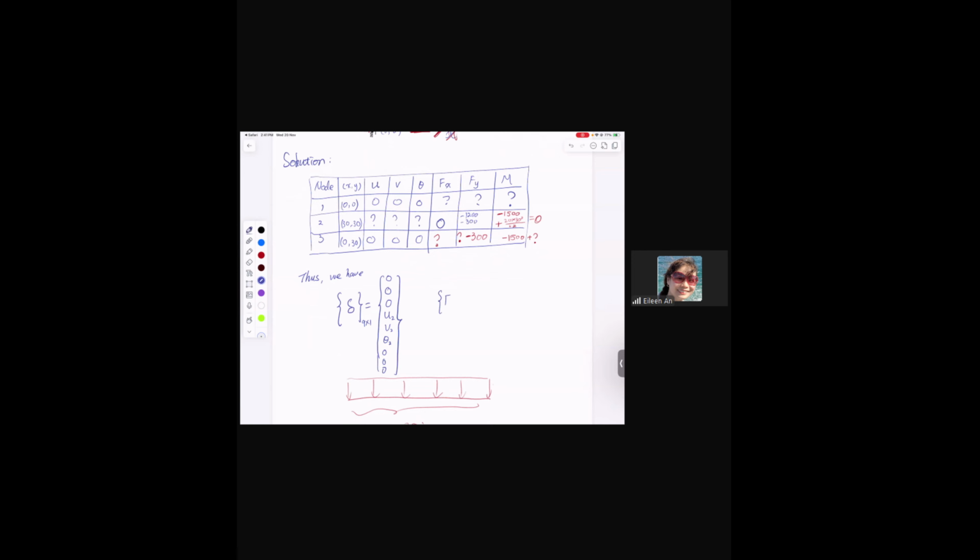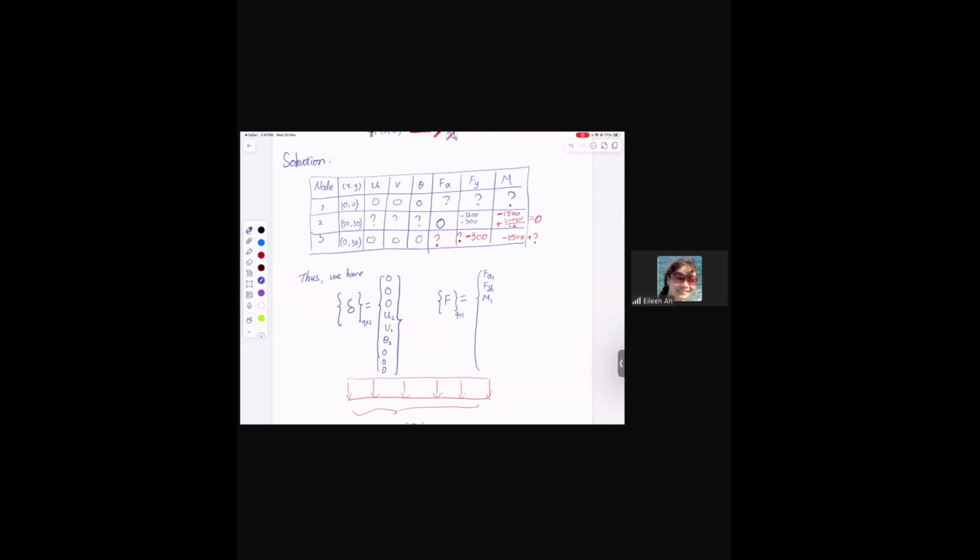And also we have the force matrix. Same size, 9 by 1, right? Okay, so what are they? Okay, unknowns, Fx1, Fy1 and M1, those 3 are unknown.